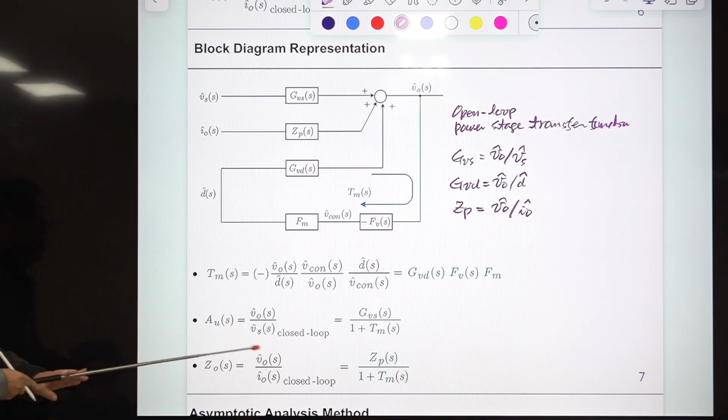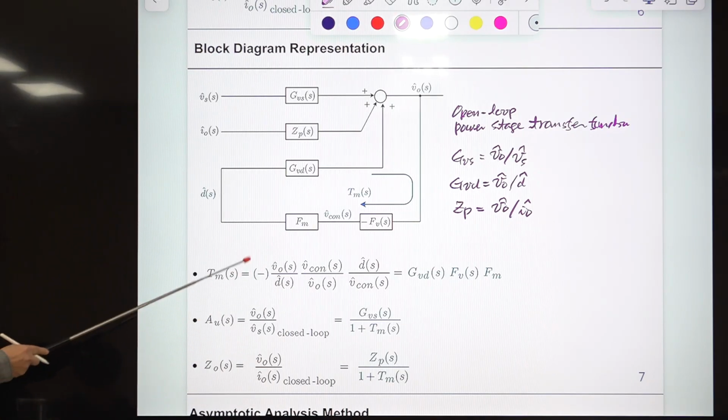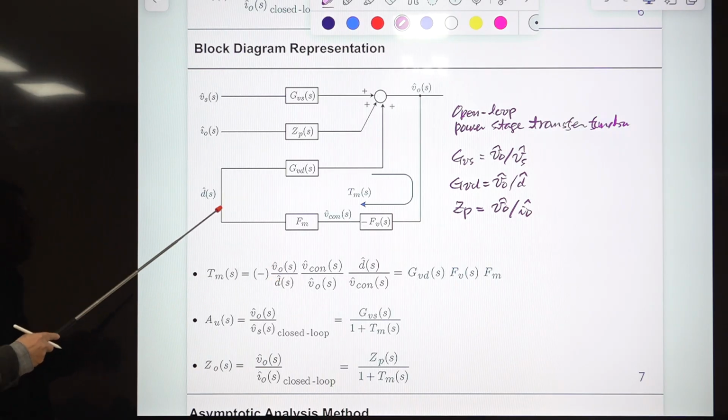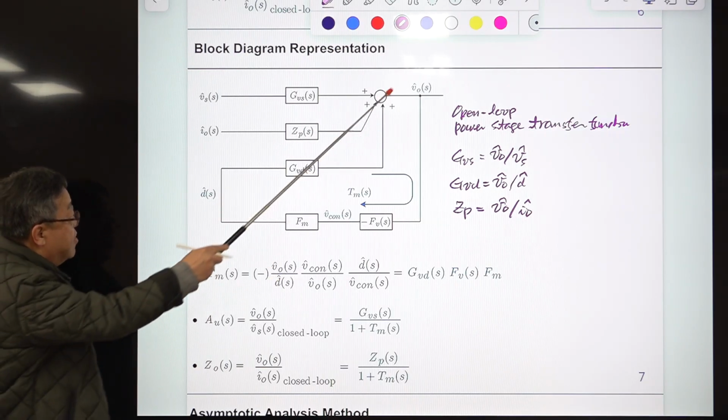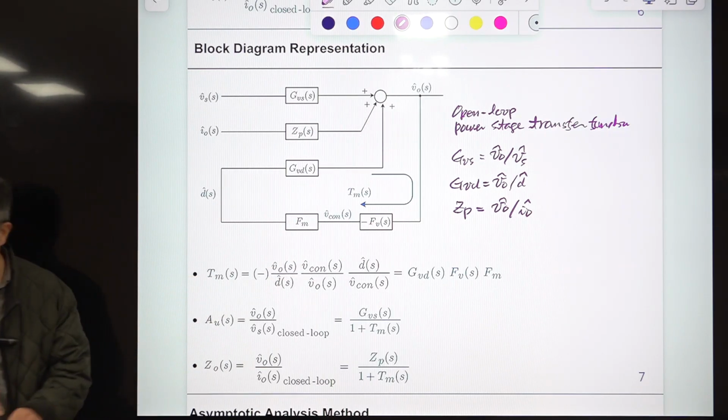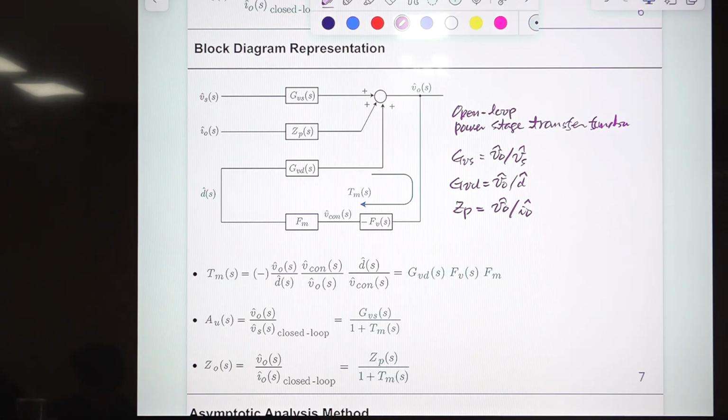That means you have a negative sign in front of this, and you have an additional negative sign here. There is initially one minus sign, and here another negative sign. They cancel.